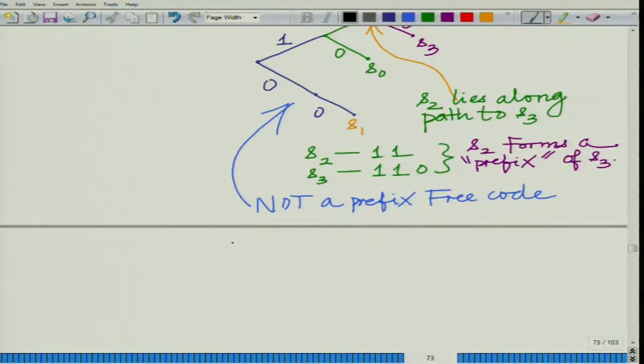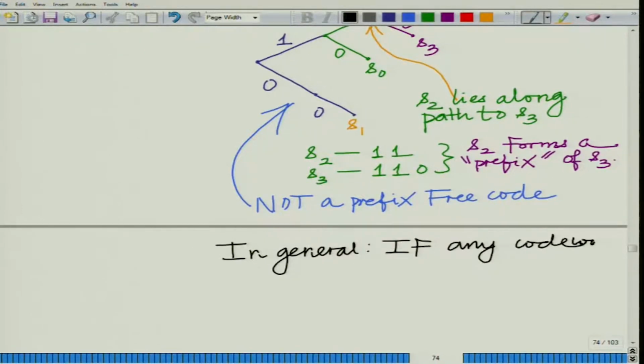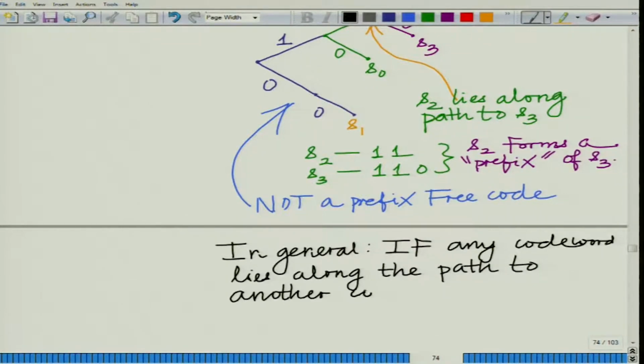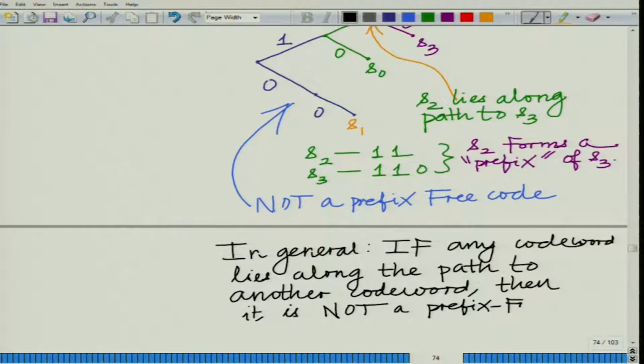So, in general, if any code word lies along the path to another code word in the binary tree representation, then it is not a prefix free code.